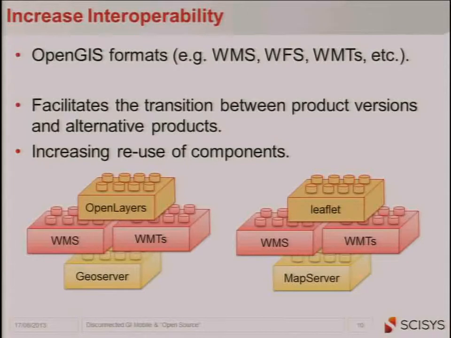Because we're going to be using WMS, WMTS, we are fully able to swap between GeoServer, MapServer, OpenLayers, Leaflet. That's the beauty of it. We are not constrained to stay with one product, as one might disappear, because open source doesn't mean it's going to stay here forever. We can swap with a more up-to-date technology.